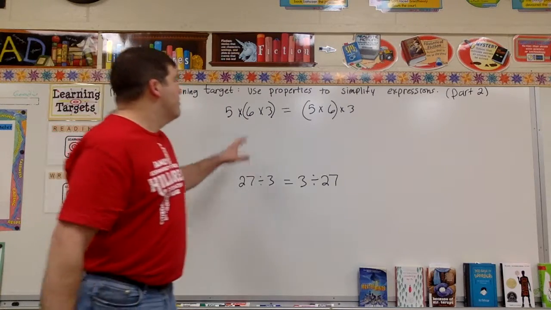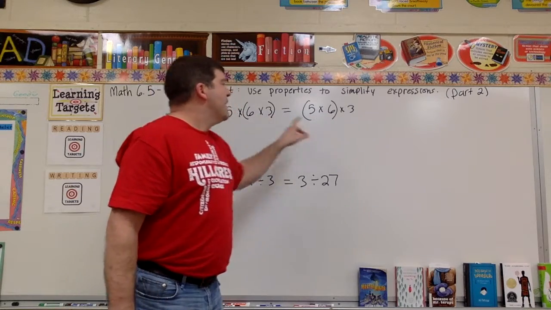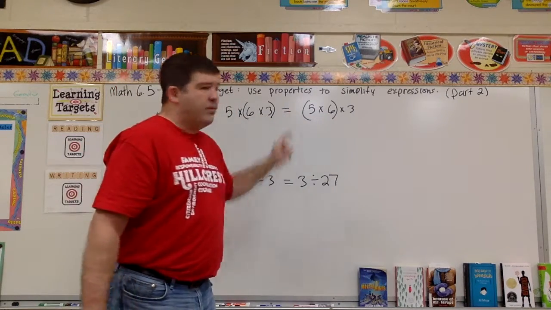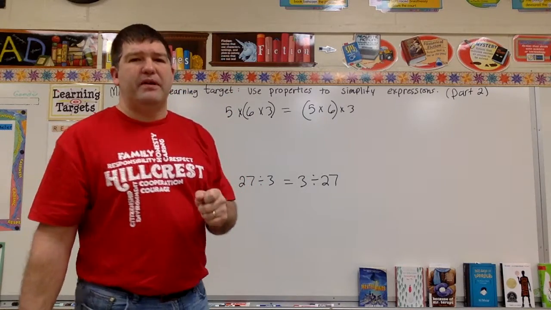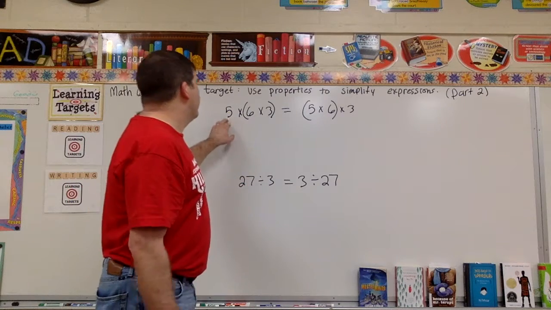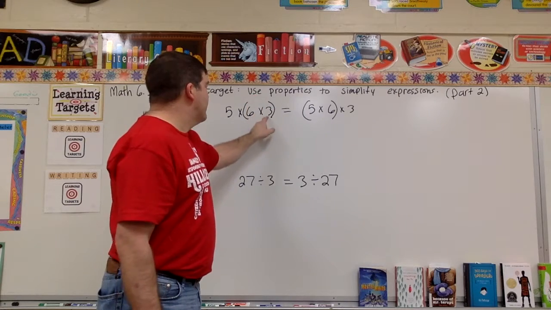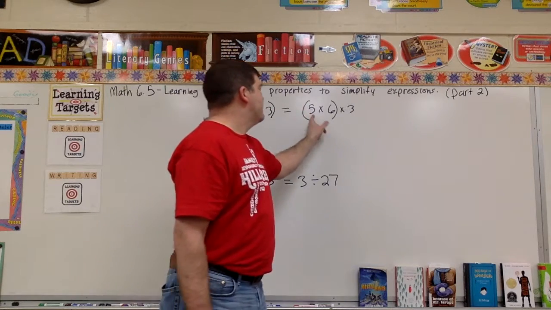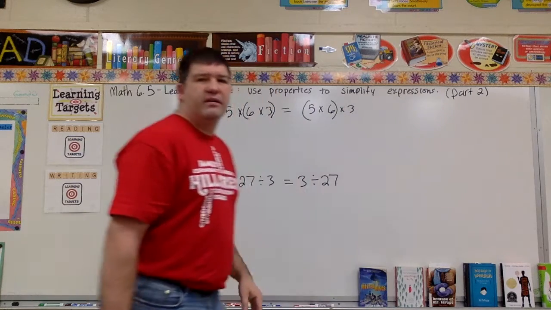Okay, so I have two expressions here, and I want to see, are they equal? And if they are equal, what is the property that's being used to prove that they are equal? I have 5 times the parentheses 6 times 3, and then I have parentheses 5 times 6, and then take that times 3.